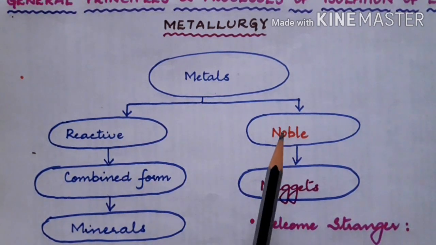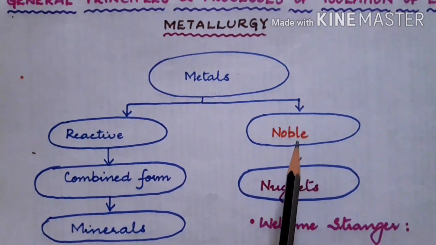On the other hand, some metals remain inert in nature, or they are unreactive. Such metals we call noble metals: gold, silver, platinum. These are sometimes found in nature in the pure form, that is 100%, and they are called nuggets.